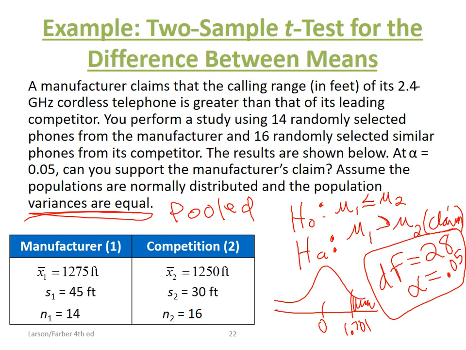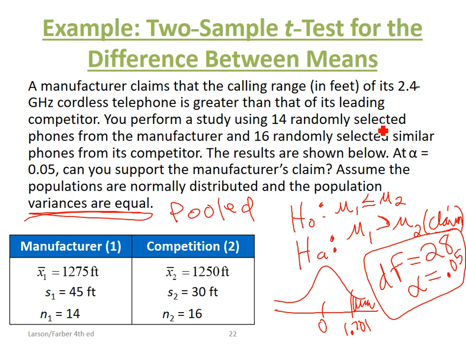Grab your calculators. Let's find the T by plugging that in. Remember, you go stat, test, 2 sample t-test, type in those 6 numbers. This time, left-tailed, right-tailed, or two-tailed?